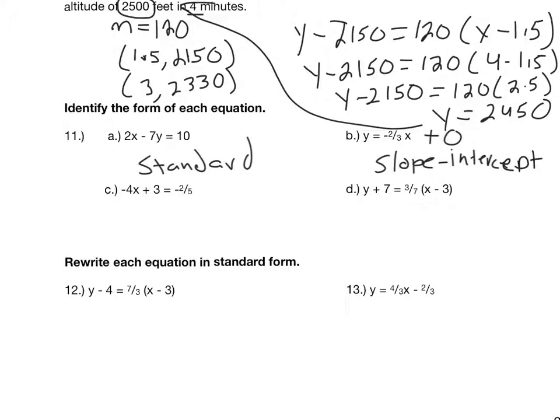This right here would be standard form again, ax plus by equals c, except I forgot to add a y after this 3. Standard form. And this right here would be point slope. If you're still struggling with identifying what form each equation's in, you need to come to tutoring or you need to study your notes.